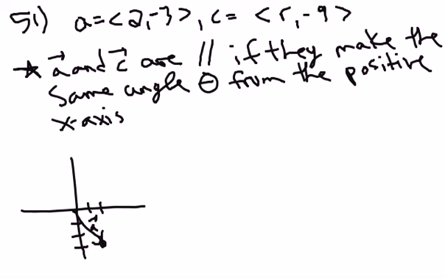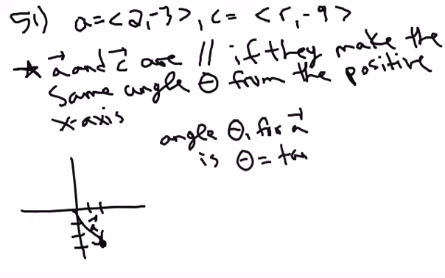So the angle for a, we'll call it theta 1, is using the same formula we used before, tangent inverse of 3/2, where I took the absolute value of the y and the x and divided them.